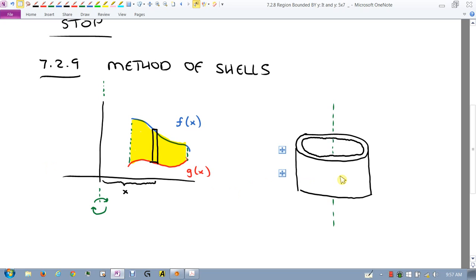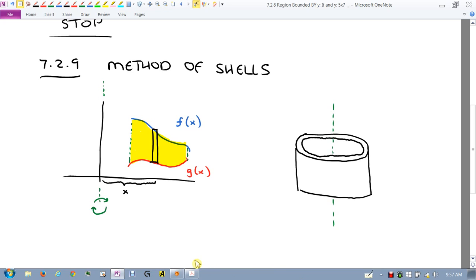Wouldn't it look like this? I'm getting looks of, it's hollow, right? Like I could put something through here and pass it through because there was a distance between the axis of rotation and my rectangle. So when I wrap this around, I'm going to have this hollow space in between.